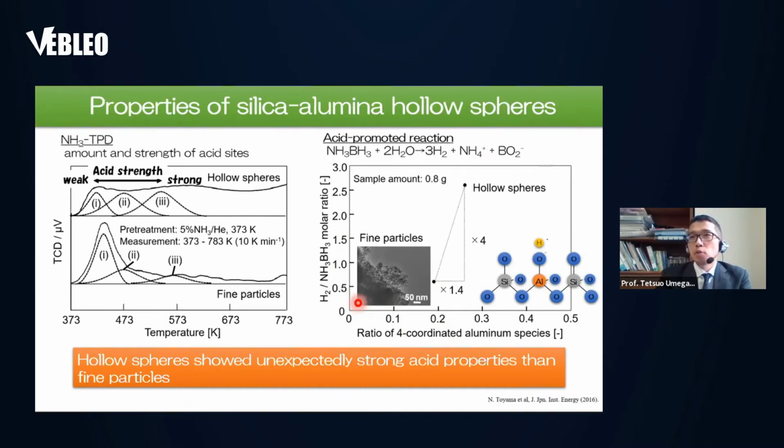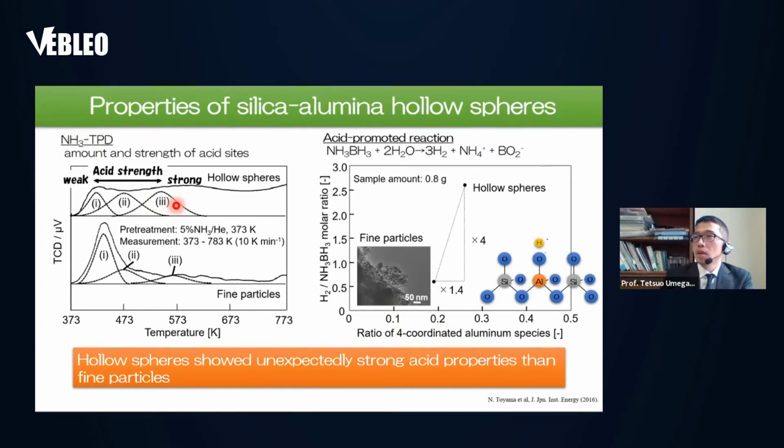We analyzed the properties from the results of ammonia temperature programmed desorption measurements, so-called ammonia TPD. The hollow spheres showed much higher intensity of these peaks, assigned as strong protonic acid sites, compared to the fine particles.